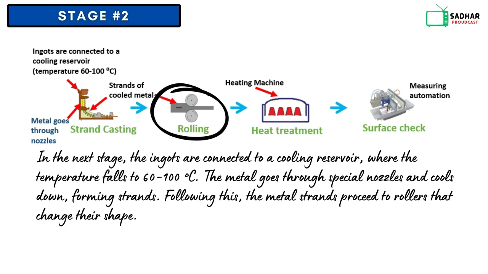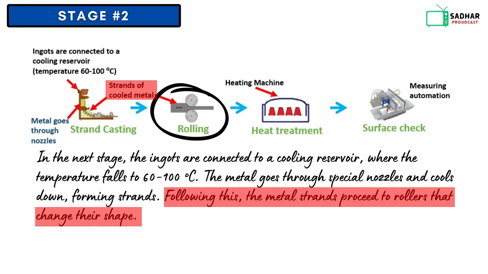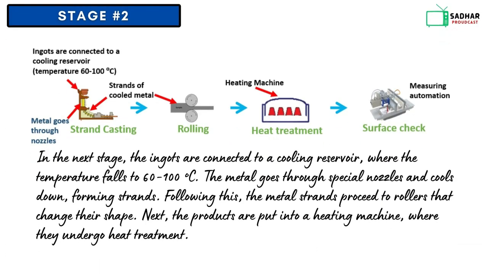The next one, the next step is rolling. And then we have strands of cool metal. Here I can write, following this, the metal strands proceed to rollers that change their shape. You know, this machine is changing the shape from this one big into a smaller one. The next one. The next step is heat treatment, and then we have a heating machine.